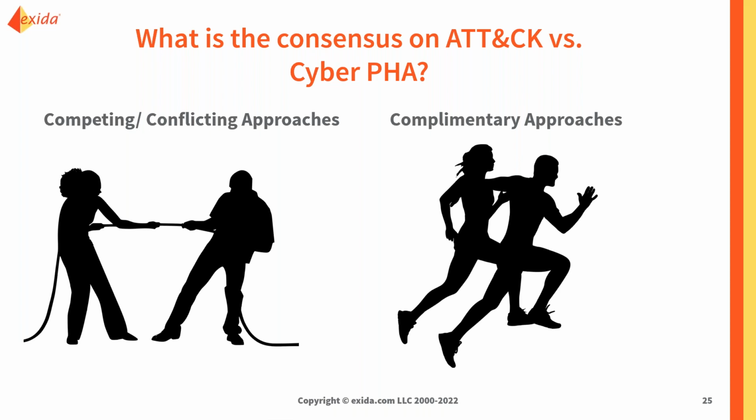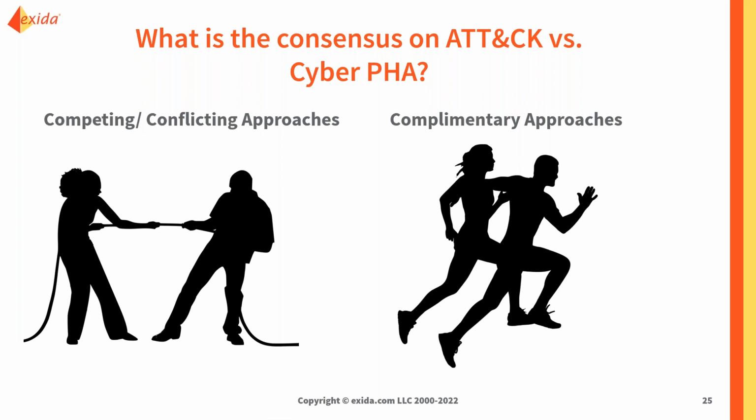And so with that in mind, we can think about, okay, so for the attack framework and Cyber PHA, what's the consensus? Are these two competing, conflicting approaches where one will win out and everyone will use it? Are they complementary approaches where we can use both of them at the same time, potentially to strengthen either method?